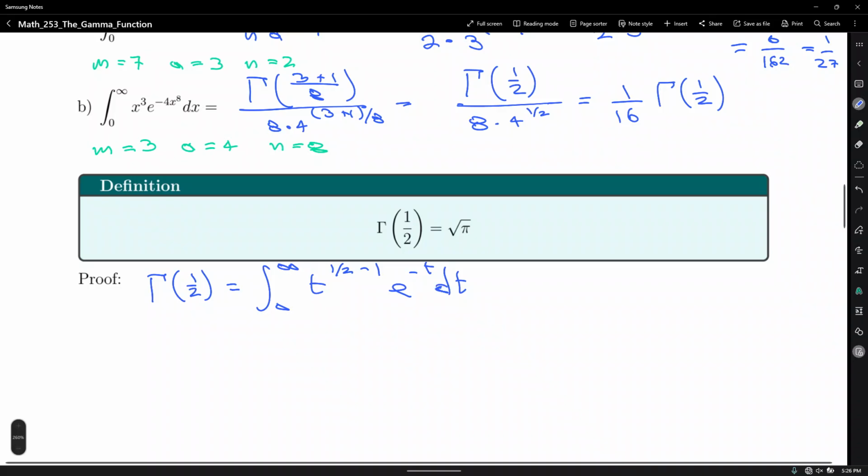Simplifying this, we get the integral from 0 to infinity of t to the negative 1 half e to the negative t dt, which, even more simplified, is the integral from 0 to infinity of e to the negative t divided by root of t dt.